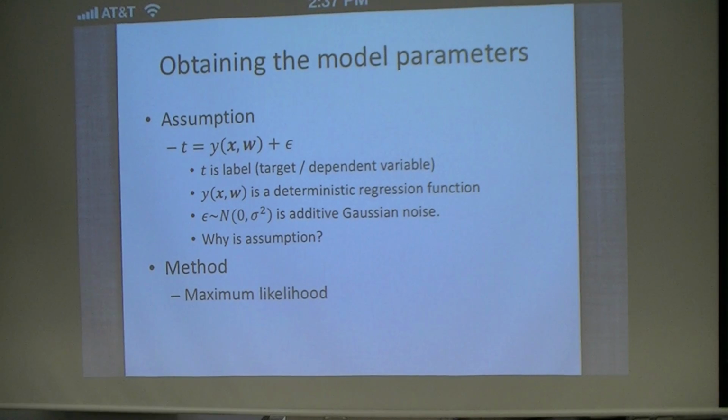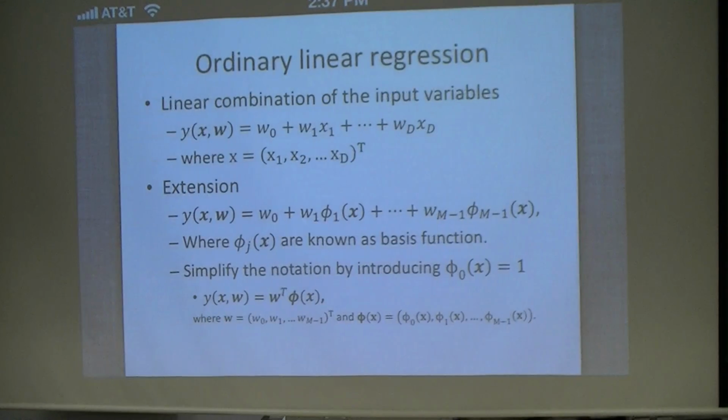So the question is, what is y? y is a regression function. We suppose this function is a linear combination of the input variable, or a linear combination of some nonlinear functions working on the input variable x, and w is the weight, the model parameter. The problem is we want to obtain the model parameter w.